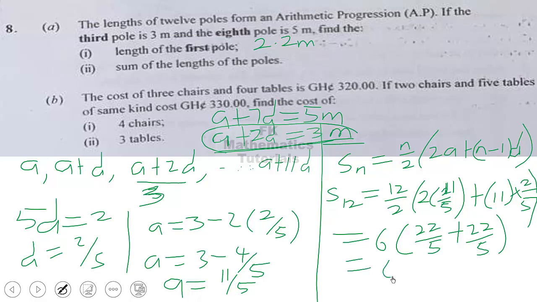So that will be 6 times 44 over 5, which is equal to 52.8 meters. Okay, so this is the sum of the lengths of all the 12 poles. The sum of the lengths of all the 12 poles is 52.8 meters.